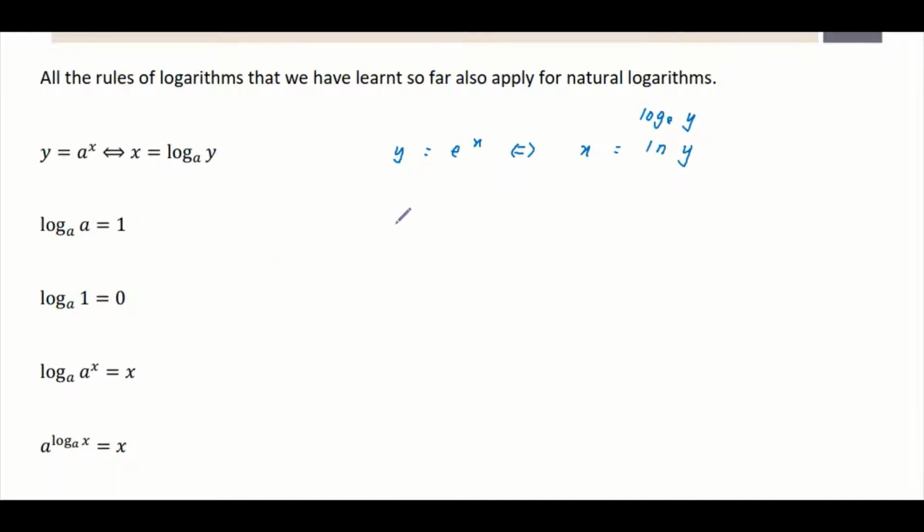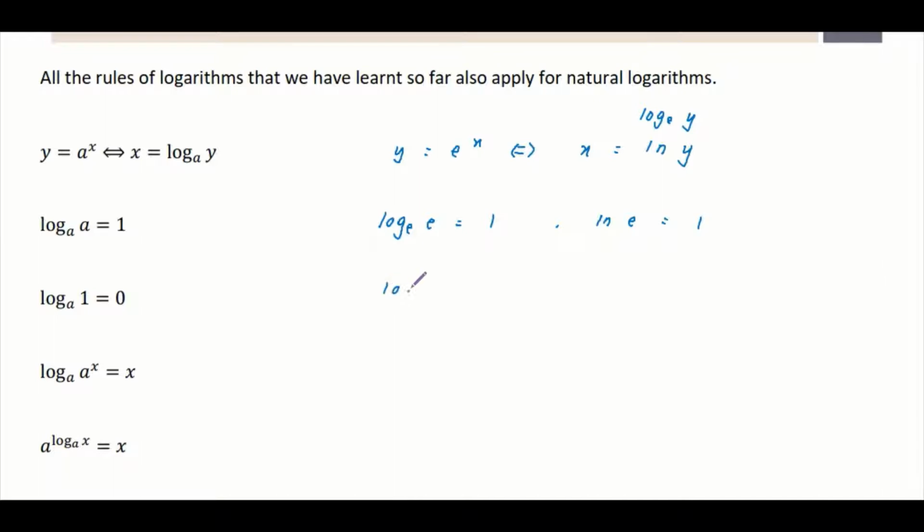Let's go to the next one. Log to the base a of a equals 1. To make you more familiar with this, let's write log e first. Log e will give you 1, so it's the same thing if we write ln e equals 1. Next one, log to the base of a of 1 equals 0.